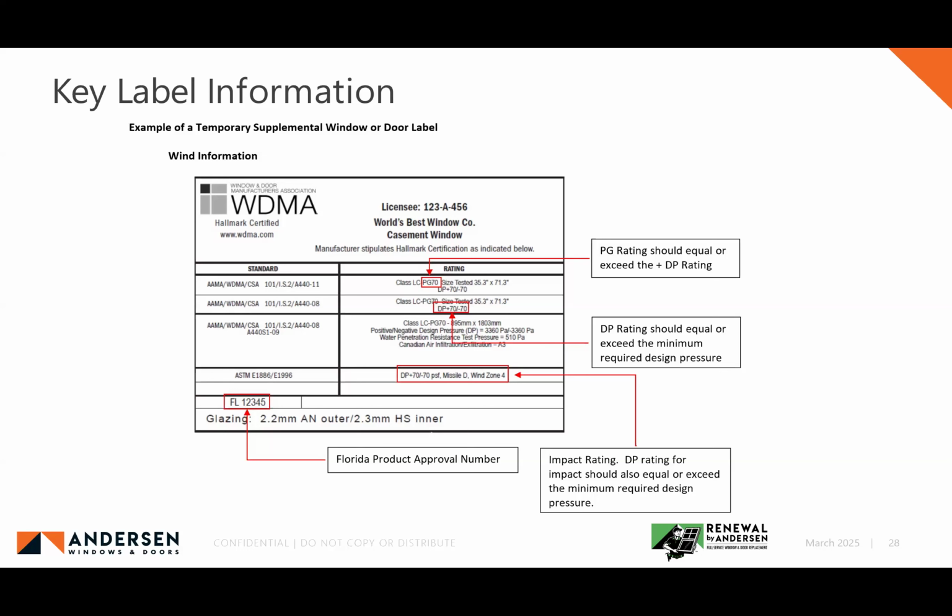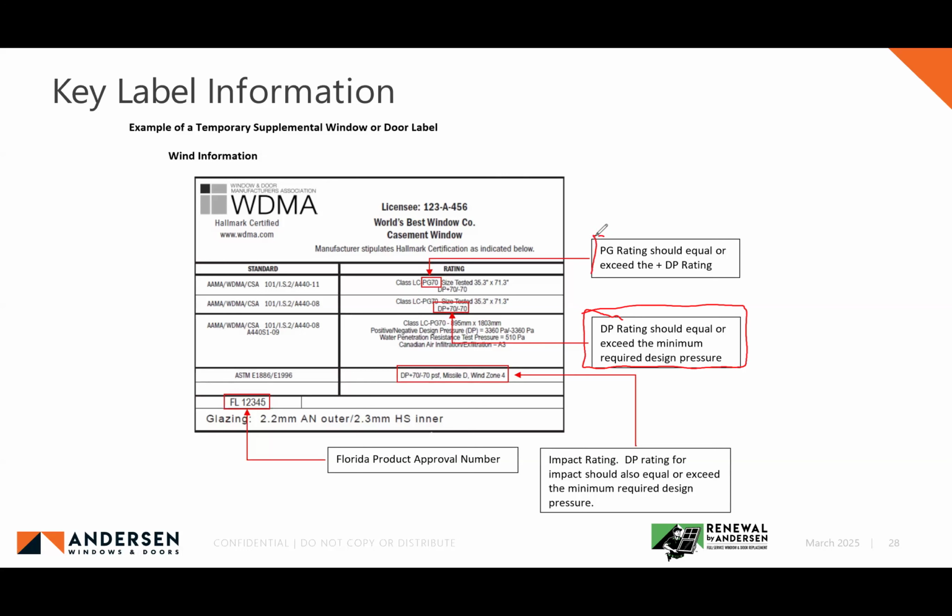The design pressure ratings obviously have to meet or exceed whatever the required design pressure is, whether you determine it from Windy or from an engineer or from the architect or from the simplified table in the code. This DP rating here has to equal or exceed that.